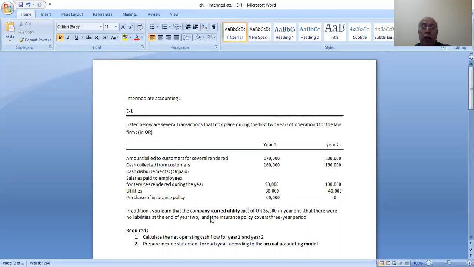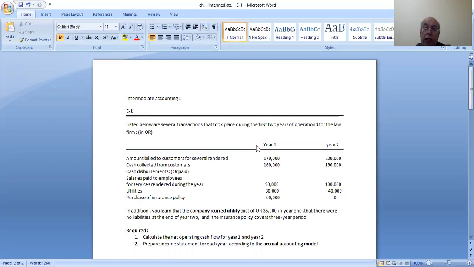Let's see together what is mentioned about the other information. They inform us the utility cost in year 1 was 35,000, and the insurance policy covered a 3-year period.